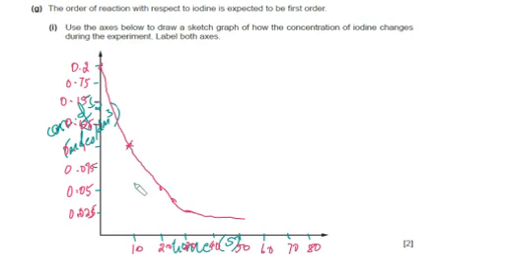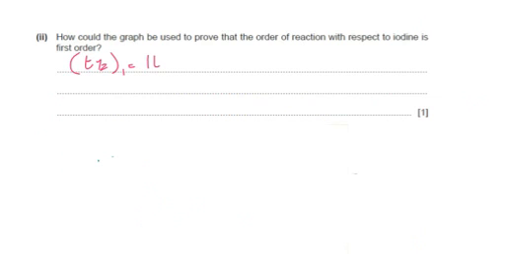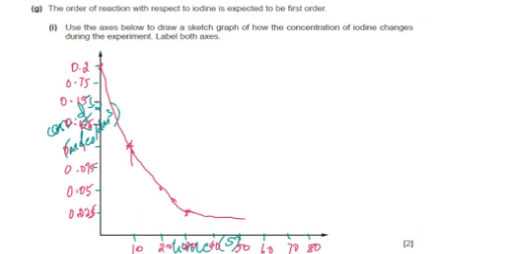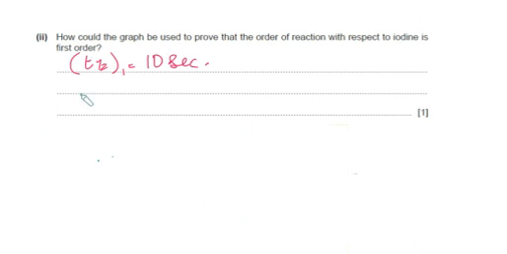For that, the first half-life is 10. Then 0.1 molar gets reduced to 0.05. So here the second T half is 20 minus 10, which is also 10 seconds.